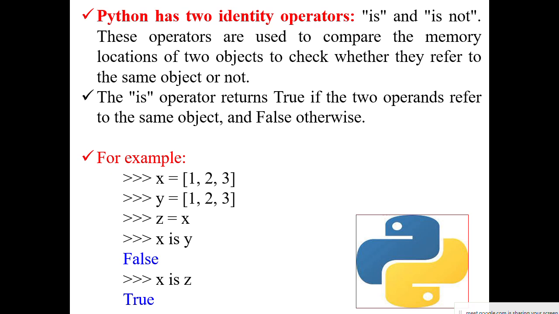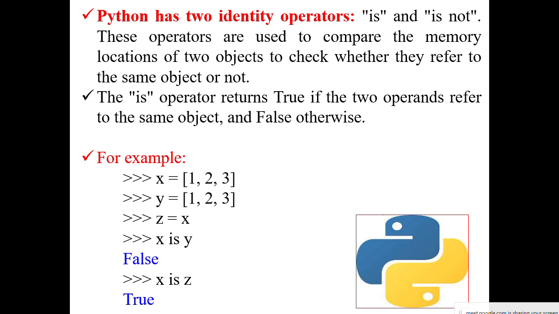Same, Python has two more operators. What are the operators? is and is not. These operators are used to compare the memory locations of two objects to check whether they refer to the same object or not. The is operator returns True if the two operands refer to the same object and False otherwise.